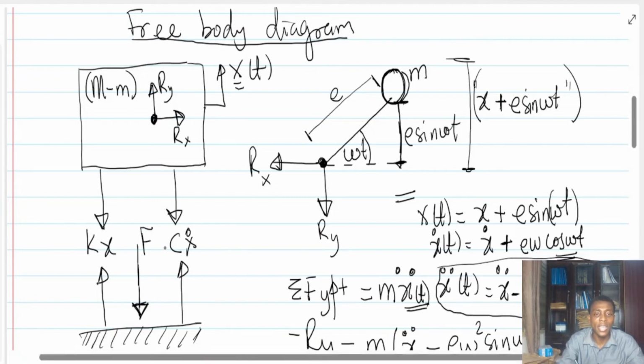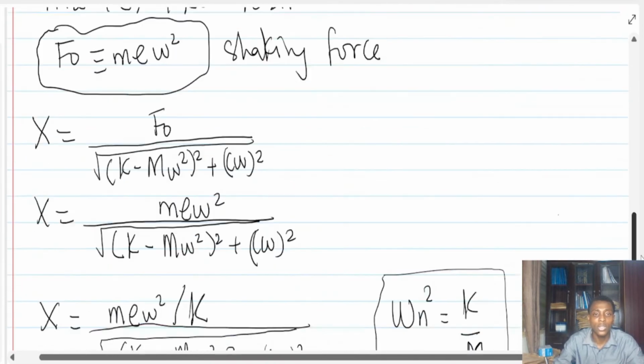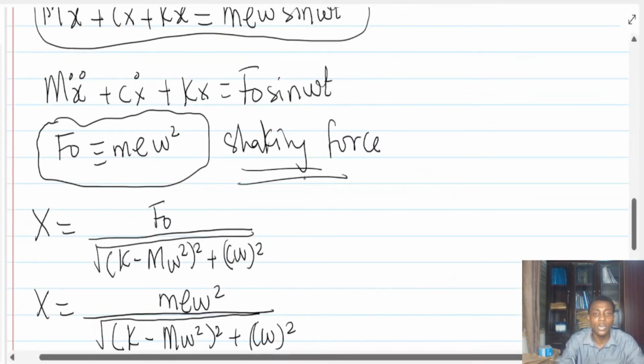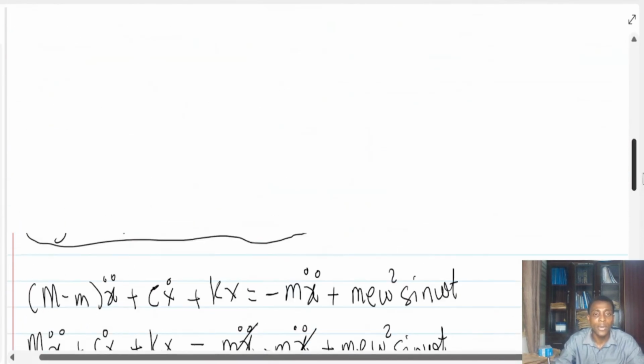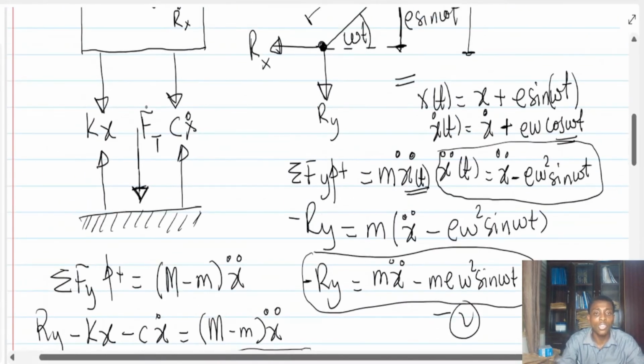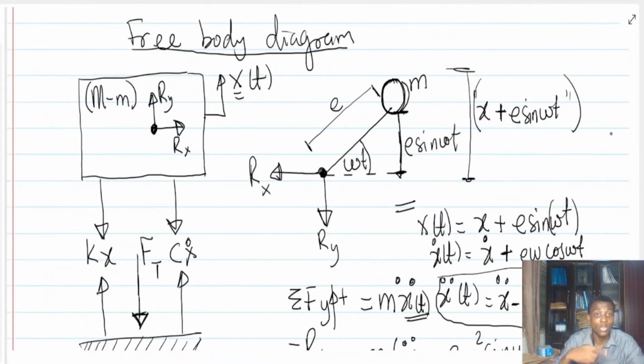We recently established that F naught, which is the shaking force, is me omega squared. Now we are saying that there is a force which is transmitted to the support. In fact, this F naught is what is transmitted to the machine. The F naught is what goes on to the machine, and the Ft is what goes to the support.